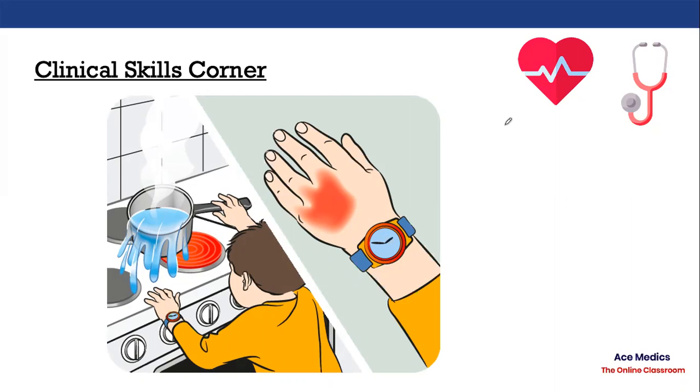But if it's just a 1st degree burn, you can just run it under cold water. Obviously, if that's happened at school, I'm guessing in the science lesson, tell your science teacher, whoever it is, and run it under cold water. If it really hurts, take pain relief and things like that. But the best way is prevention is better than anything. So just be super careful when you're using things like that at home or at school as well, so you don't hurt yourself.